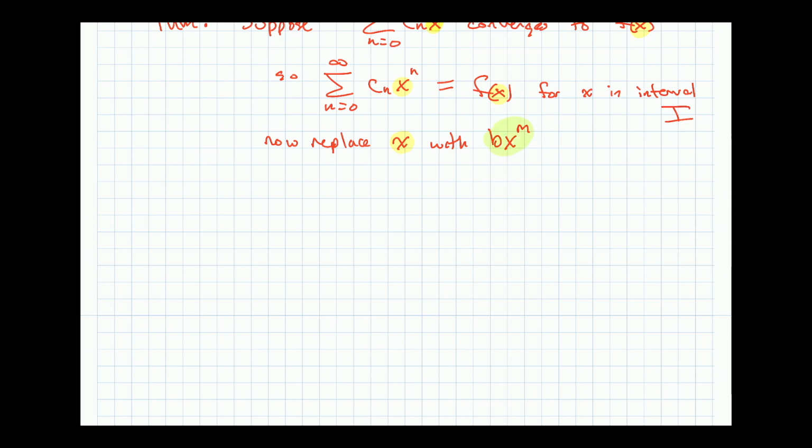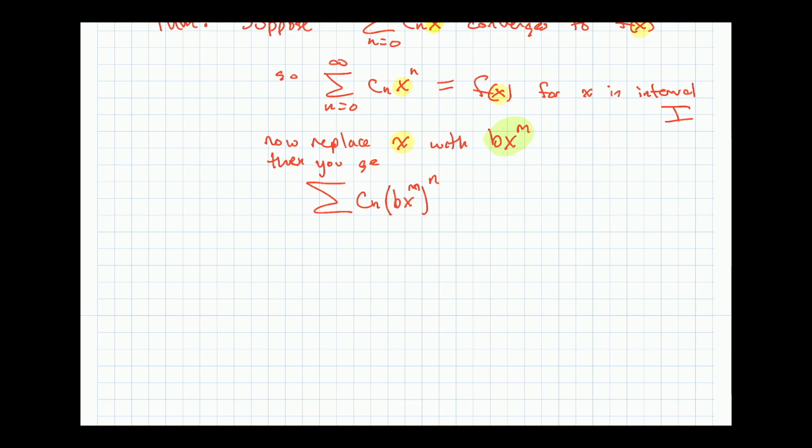So if you replace that, then you get c_n, and it won't be x, it'll be bx to the m, to the n.